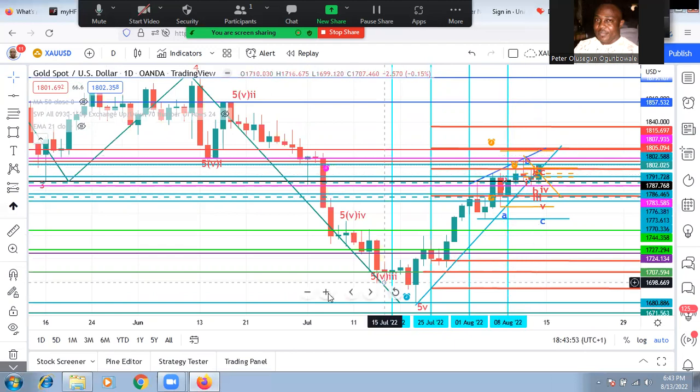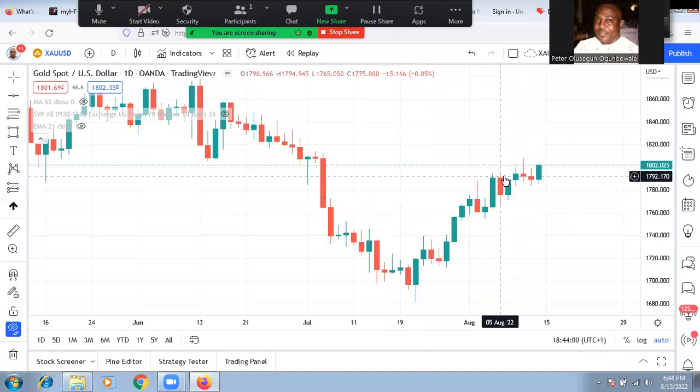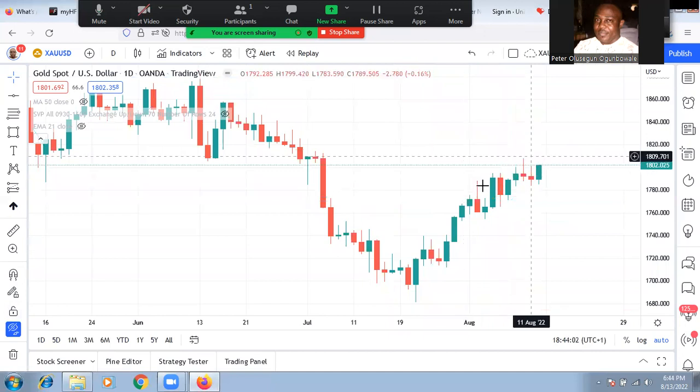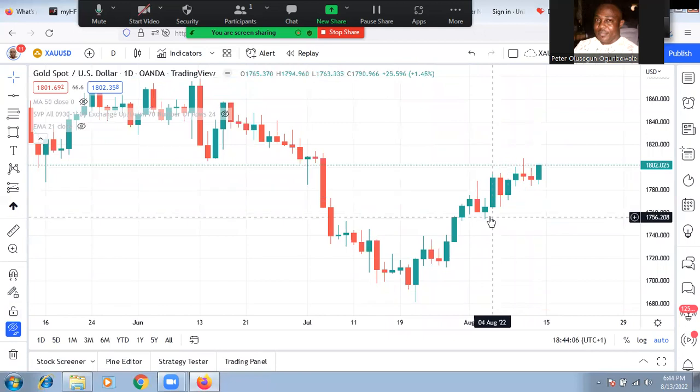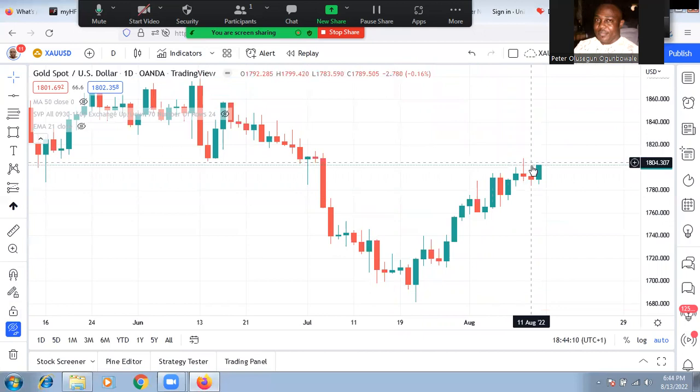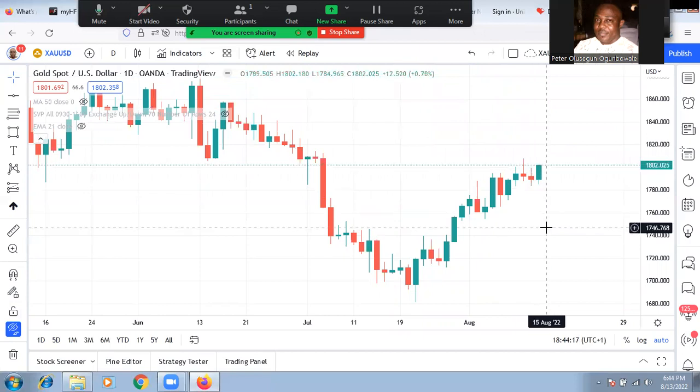Now, let me show you this. It's a wedge. I've told you it's just a wedge. Now, the difference between a leading diagonal and an ending diagonal is this. If this is an ending diagonal, price will not break the top, and the price will plummet.